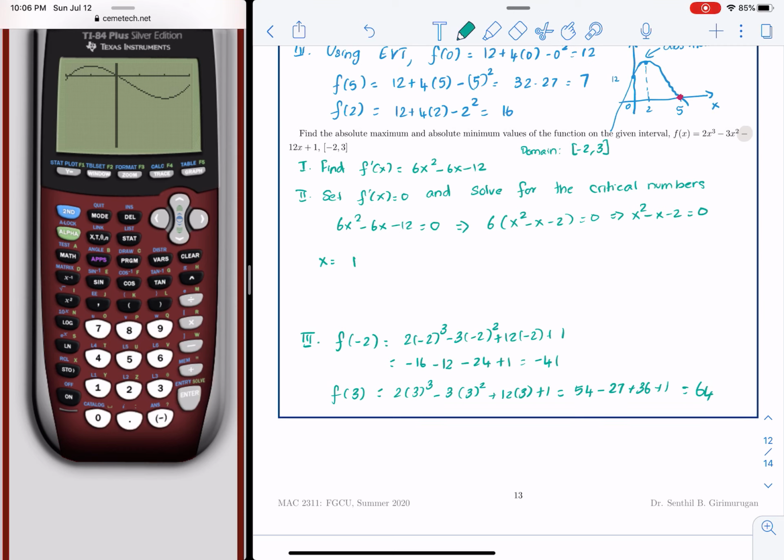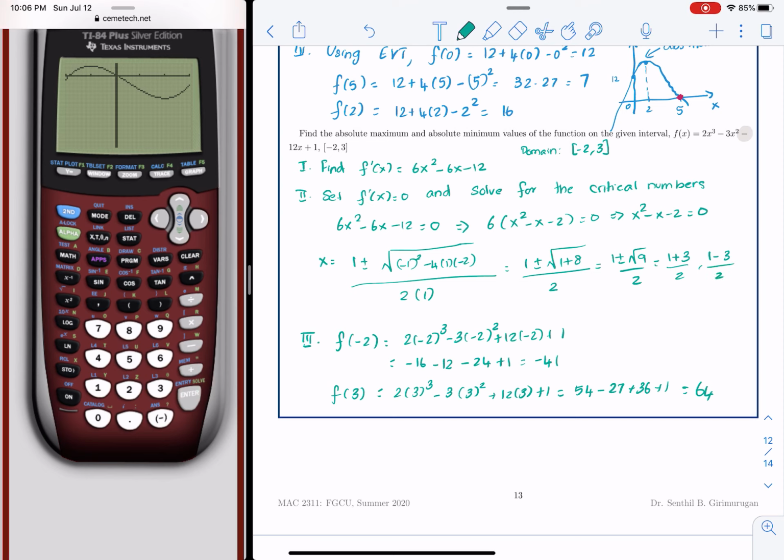Minus b, plus or minus square root of b squared, negative 1 squared, minus 4 times a times c, divided by 2 times a. 1 plus or minus square root of 1 plus 8 over 2. 1 plus or minus square root of 9 over 2. So we have 1 plus 3 over 2 and 1 minus 3 over 2.